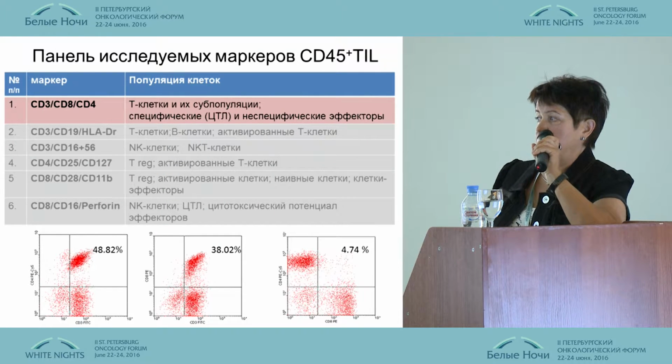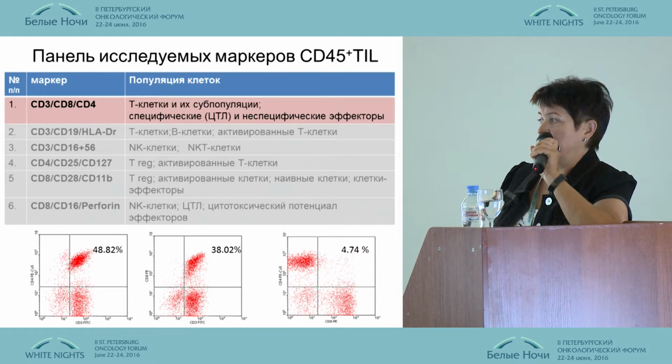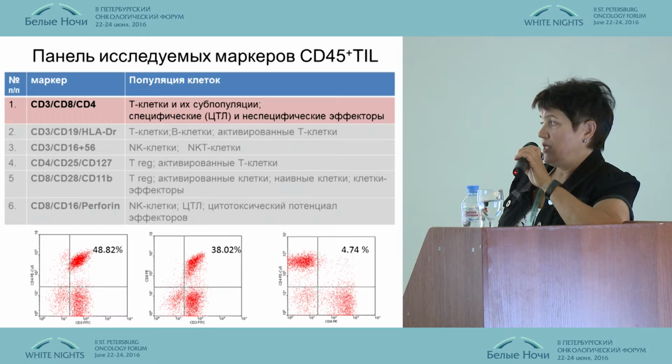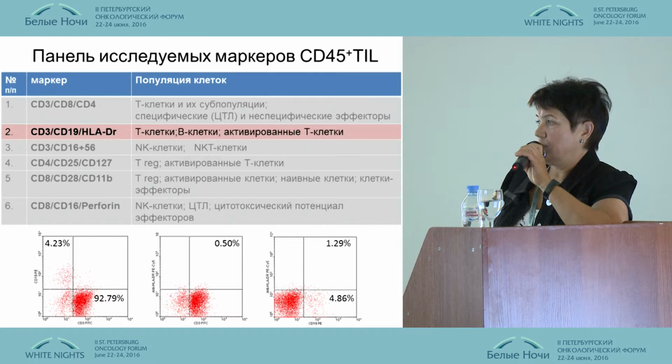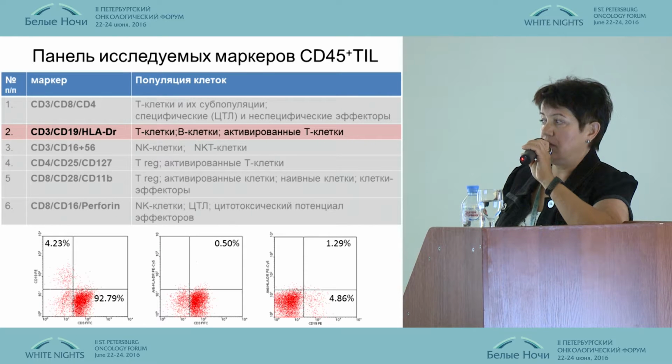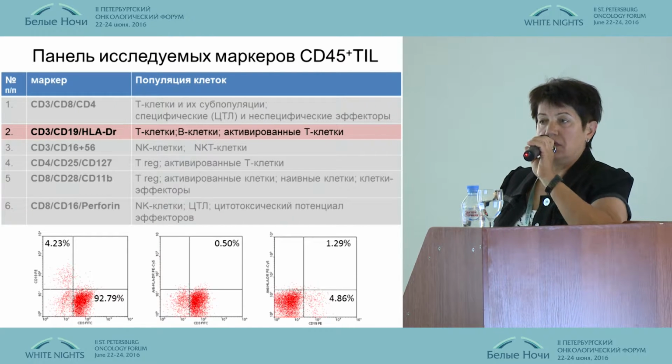This is what it looks like. T cells, CD3-CD8 population, and very rarely we are presented with double positive CD3-CD8 cells. Again, T cells and low count of B lymphocytes.